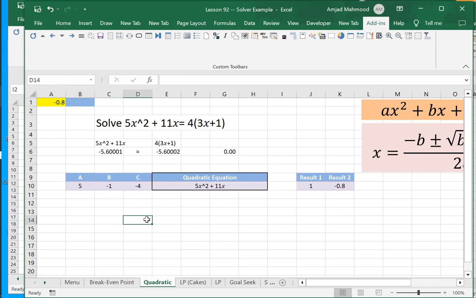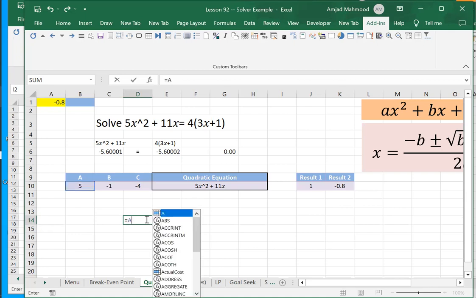And anytime, at any place you want to use A in any arithmetic operation, you can do A multiply by 2, for example, right?